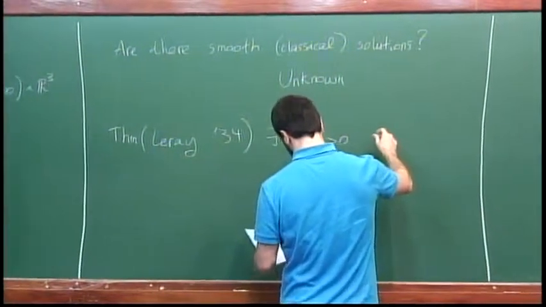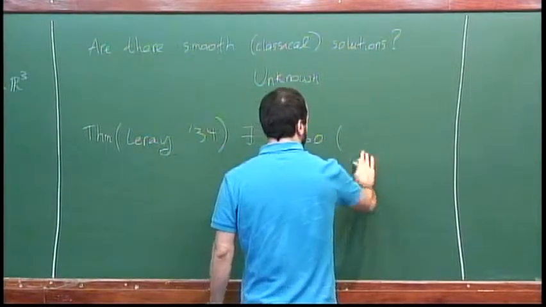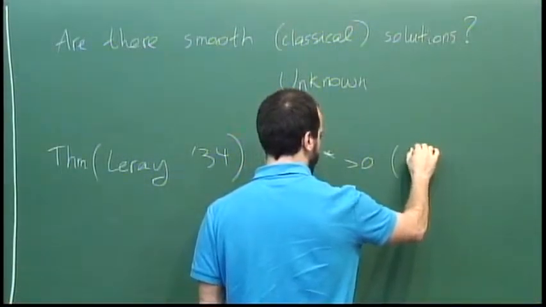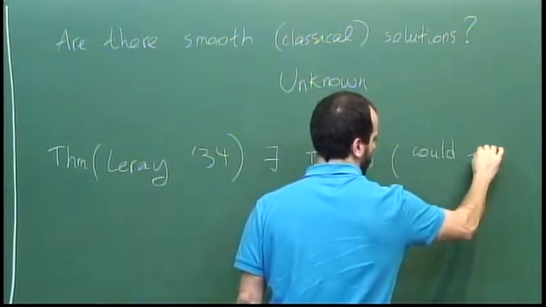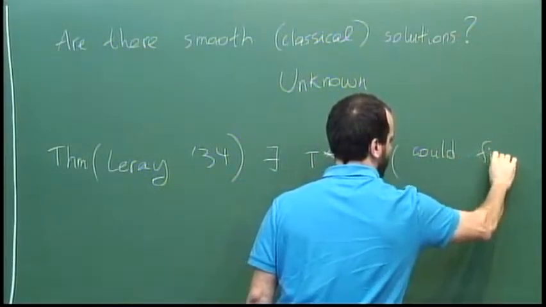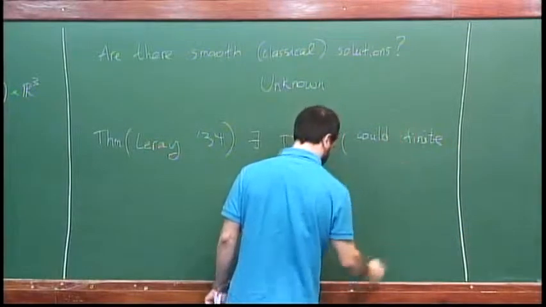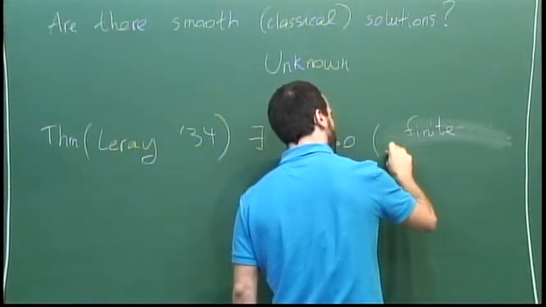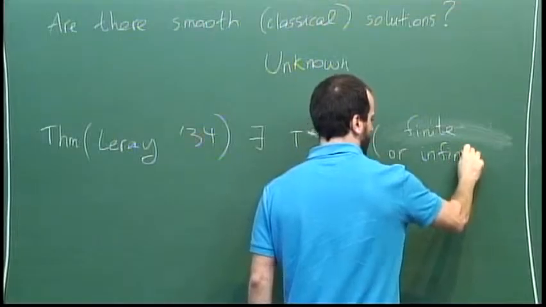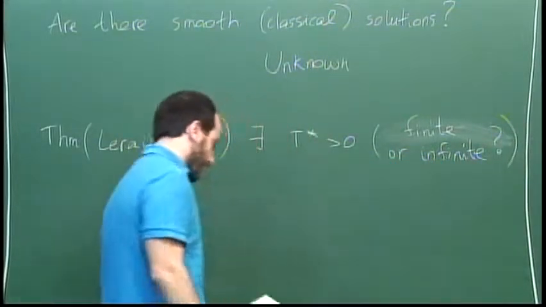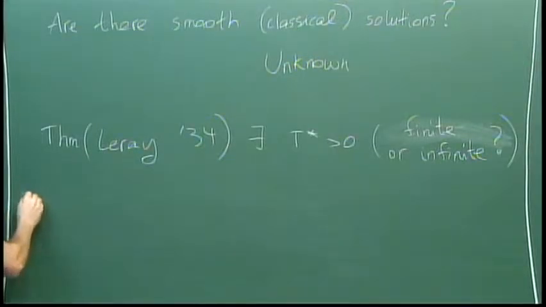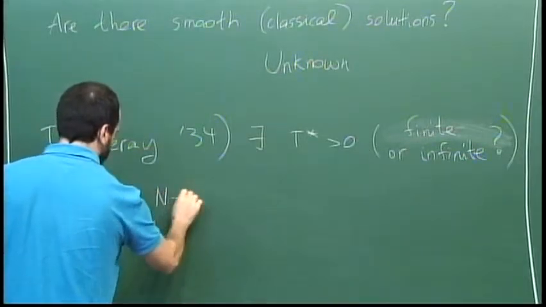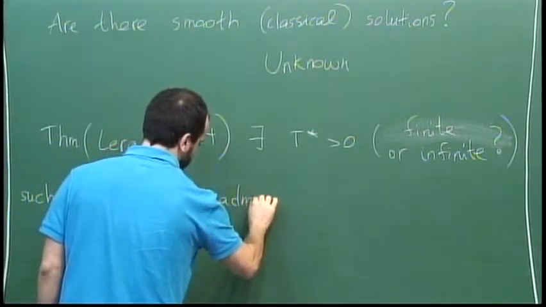What's unknown here is, is T star finite or infinite? This is unknown, so this could be finite, or let me put it this way, or infinite, and such that Navier-Stokes admits a classical solution.